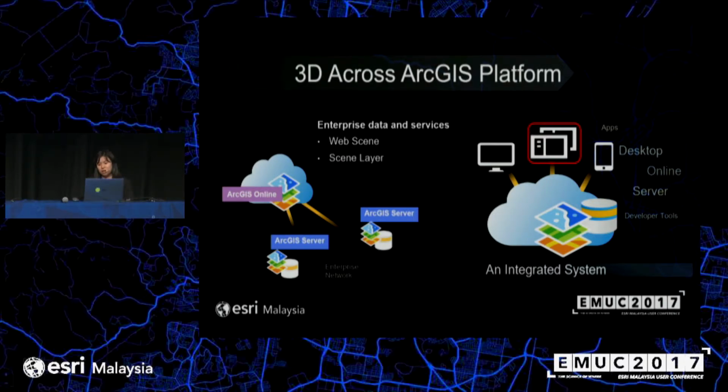A web scene is a vehicle for cross-platform 3D capability, a collection of layers, environment settings, and slide animations, and is also essential for 3D apps on any platform or experience. A scene layer is a scalable cache of graphics, styles, and attributes. A scene layer can consist of 3D objects, 3D points, integrated mesh, as well as point cloud.